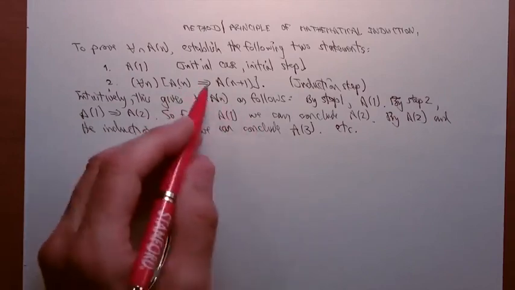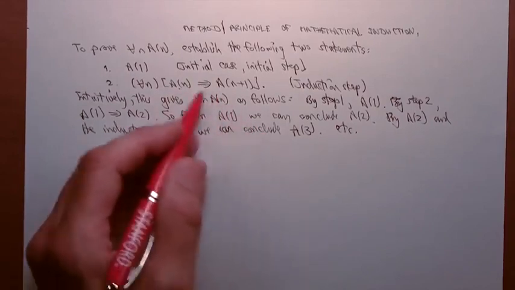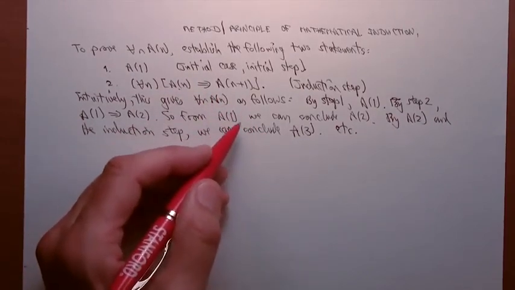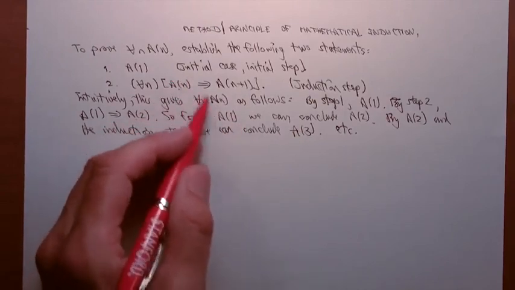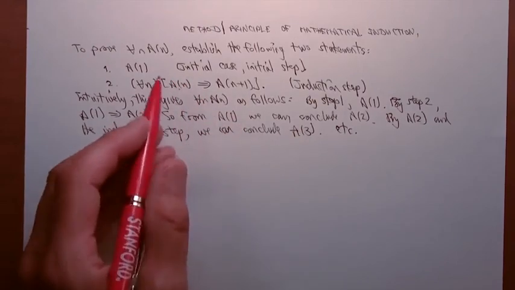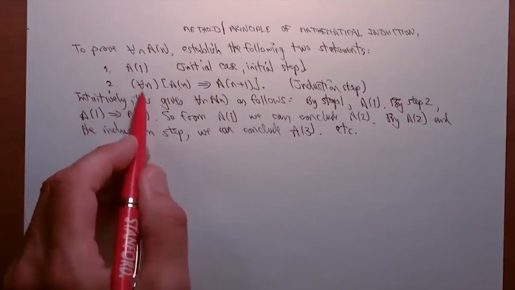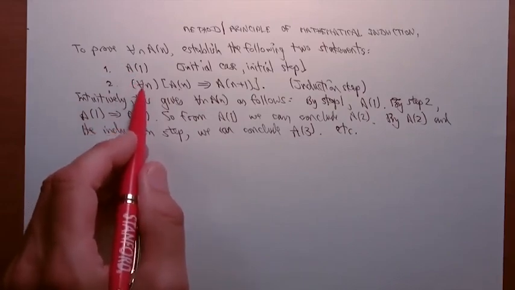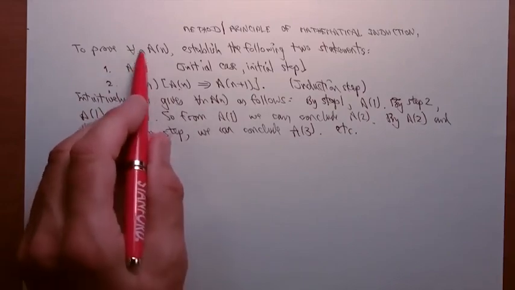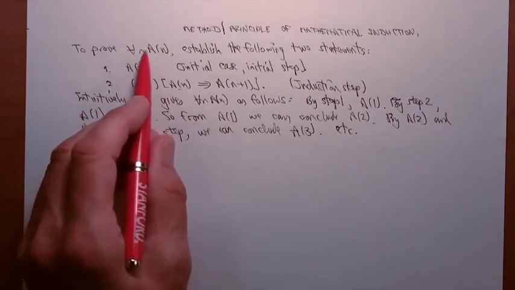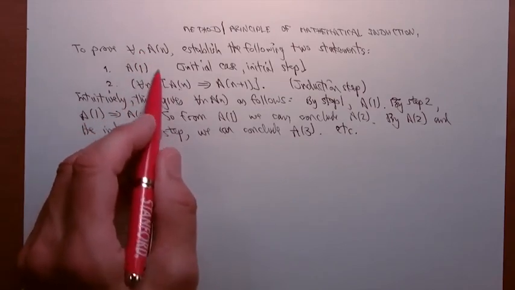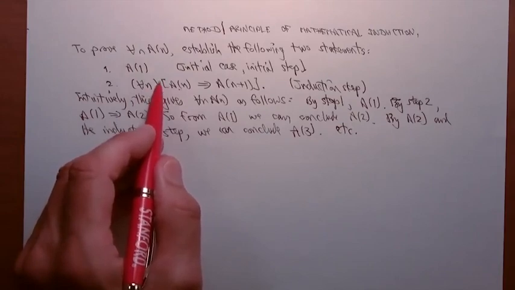Okay, that intuitive explanation is fine as far as it goes, but that's certainly not a rigorous demonstration of this method. The fact that proving these two together does yield that universally quantified statement, that's actually quite a deep result of mathematics.